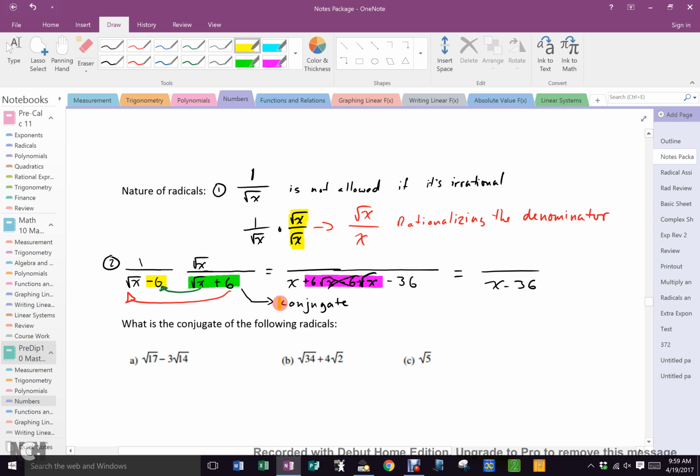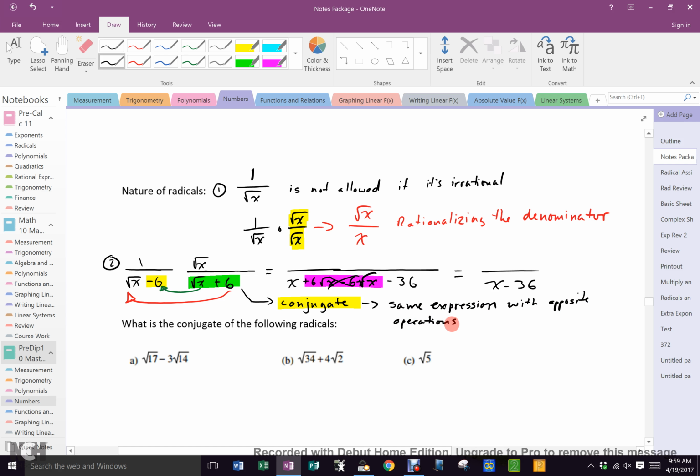You've seen the word in French, but it doesn't mean the same thing. Okay? The conjugate is the same expression with opposite operations.